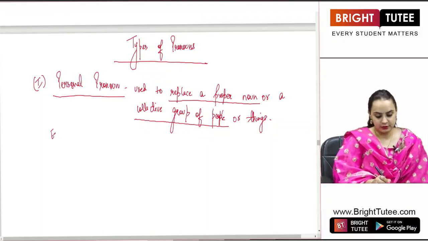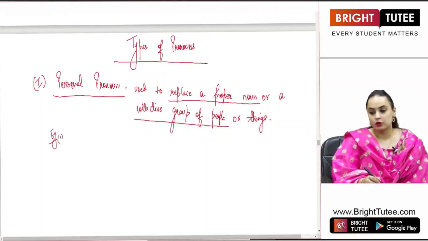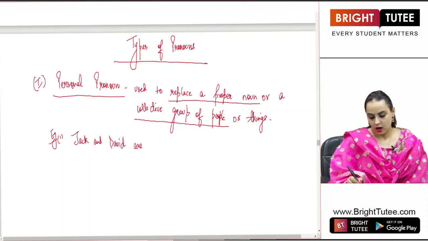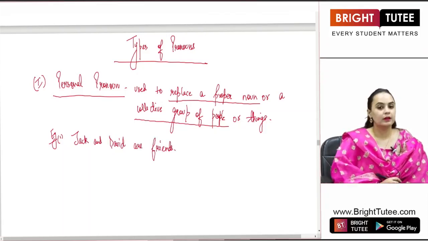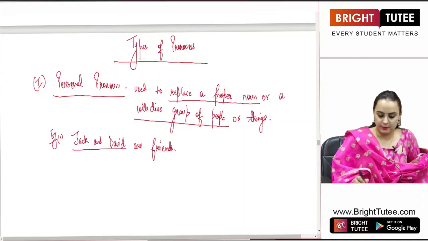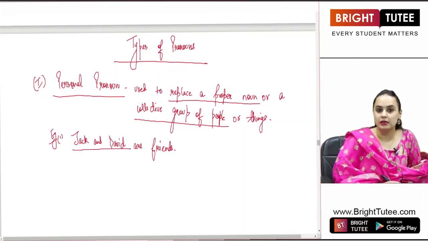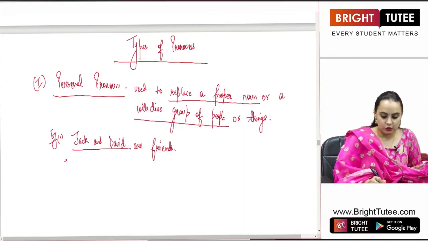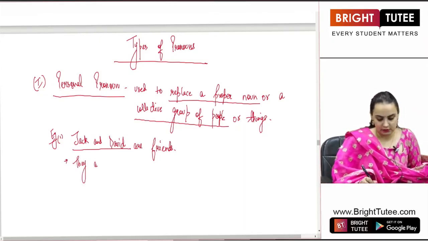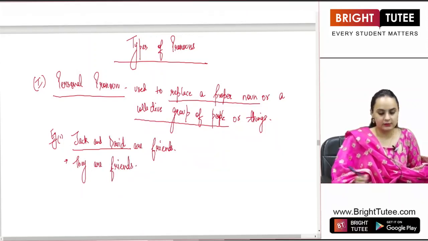For example, if I talk about people, Jack and David are friends. Who are the people I am talking about over here? Jack and David. So what is the pronoun that I shall use? They. So I will write, they are friends.